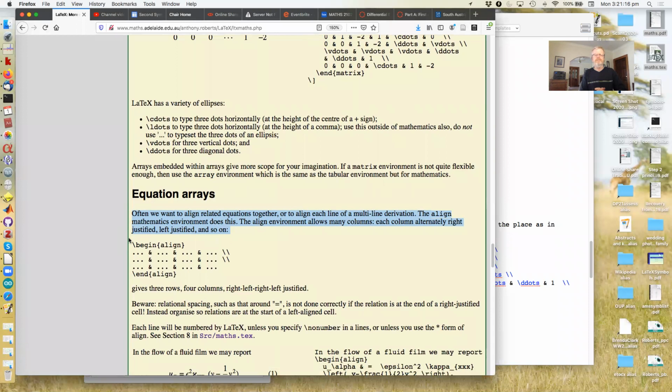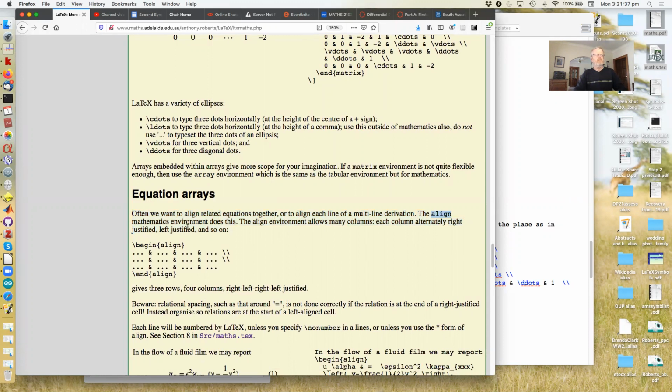Or if we've got a long equation, we need to align it properly. Or if we've got a multi-line derivation, we need to align the parts of the derivation so it's easiest to see what's going on.